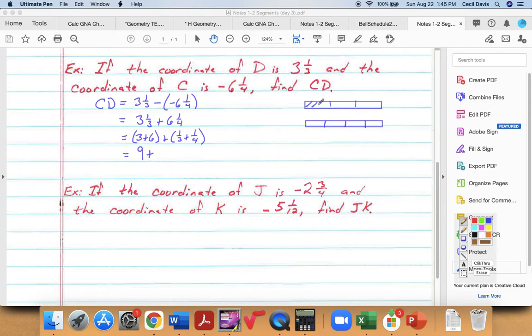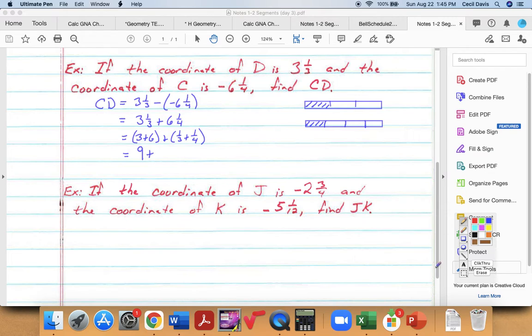And I say I have a 1/3, so 1 out of the 3 pieces, and 1/4. Are those the same kinds of things? The 1/4 is smaller than the 1/3. I can't combine them. They're not the same kind of thing.